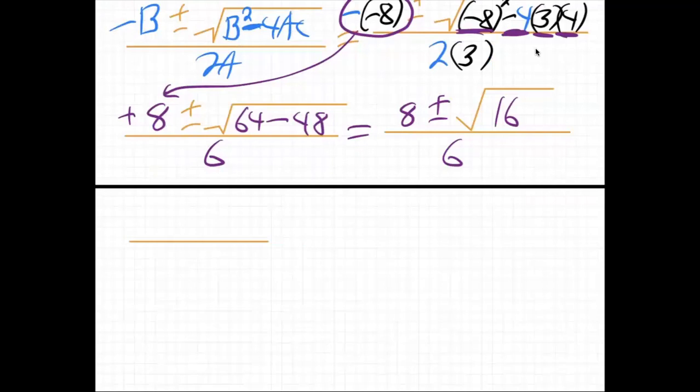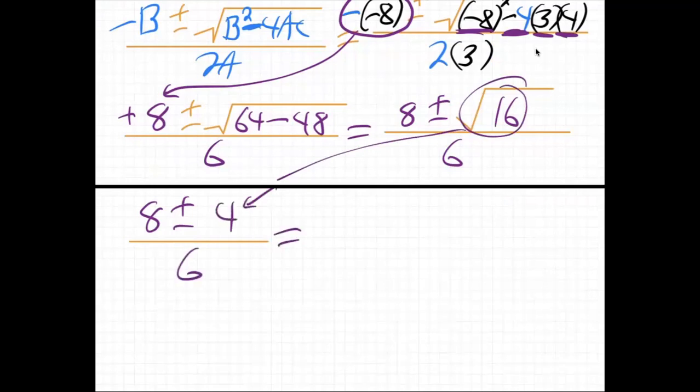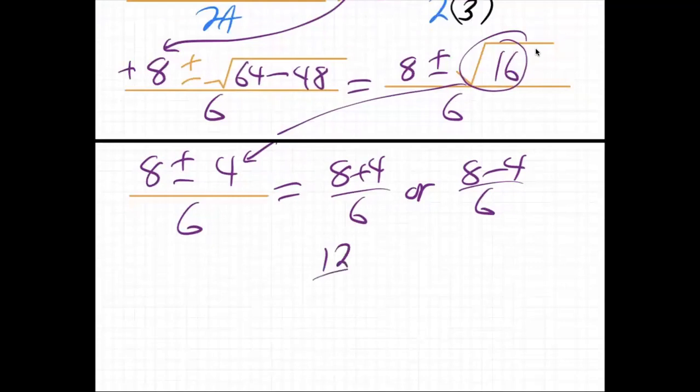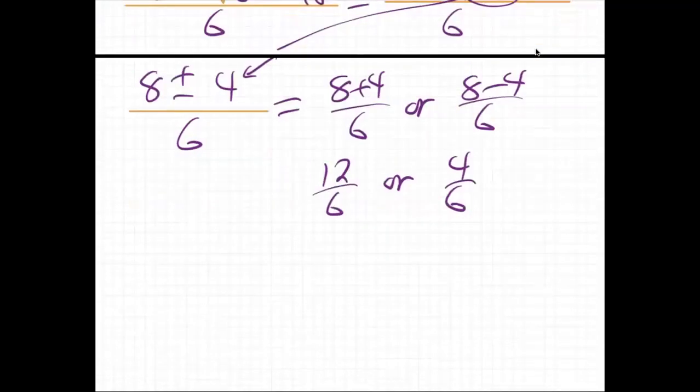And so that's 8 plus or minus, what's the square root of 16? 4, over 6. So that's 8 plus 4 over 6, or 8 minus 4 over 6. So that's 12 over 6 or 4 over 6. And so reduce that, that's 2, right? 12 over 6 is just 2. This one, divide top and bottom by 2, and that's 2/3.